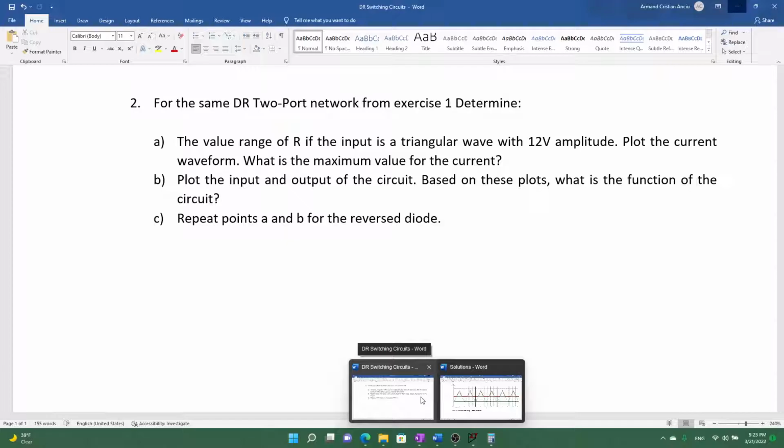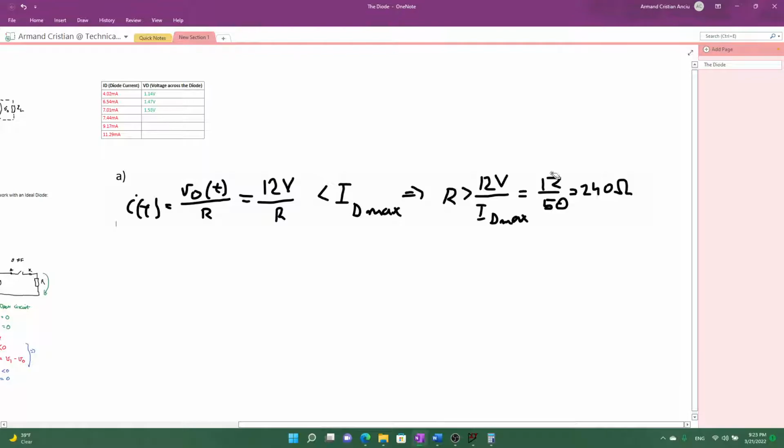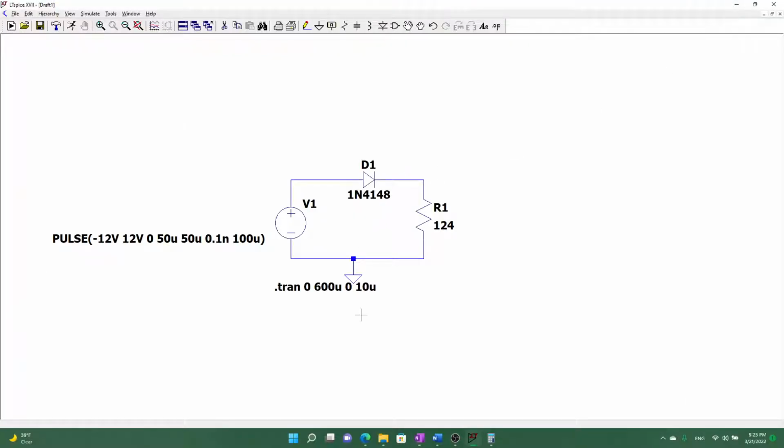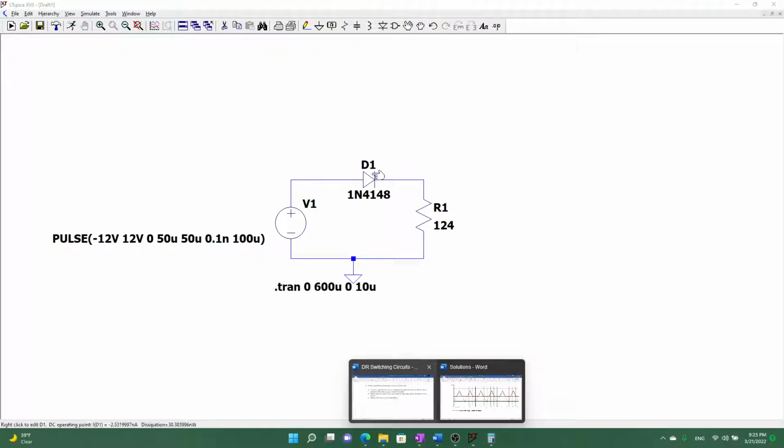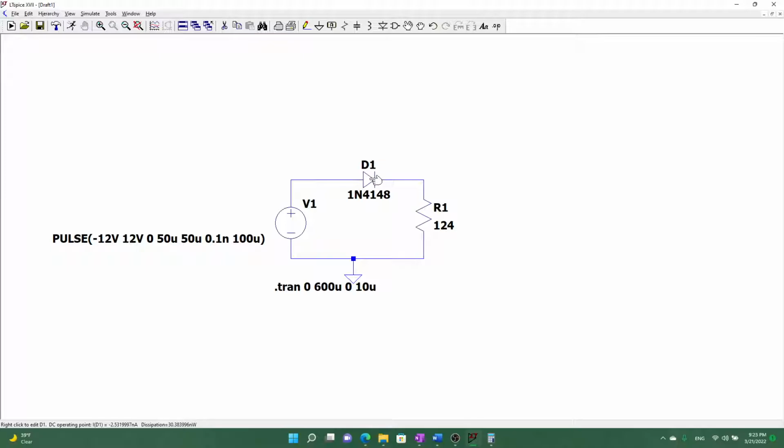Anyway, now we have to repeat points A and B for the reverse diode. This computation stays the same, nothing changes. The only thing that changes is the direction of the diode. So to change that, select the diode, Control R, and place it the other way around.